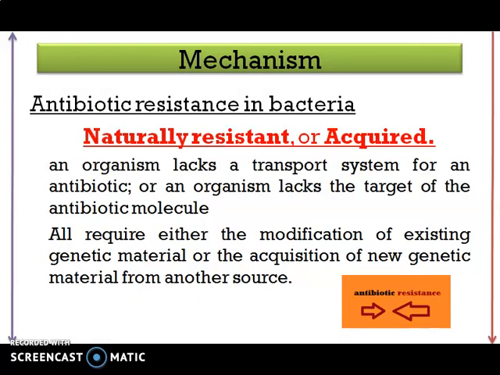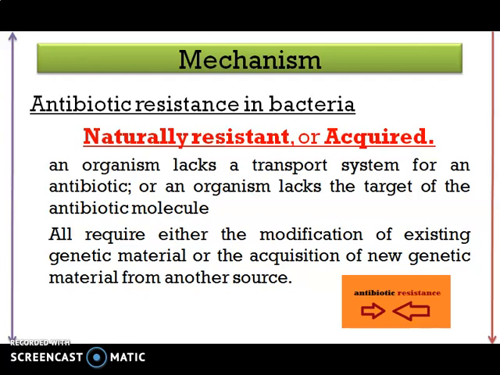So basically this resistance is concerned with two things. One is natural resistance, another one is acquired resistance. Natural resistance is also known as intrinsic resistance. Mycobacterium tuberculosis always shows resistance to some common antibiotics.